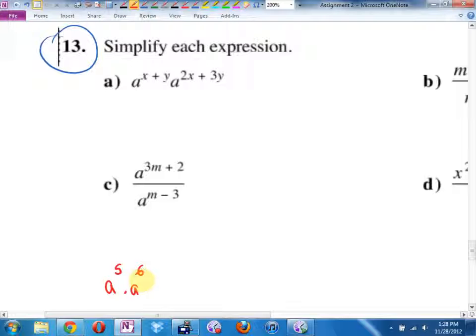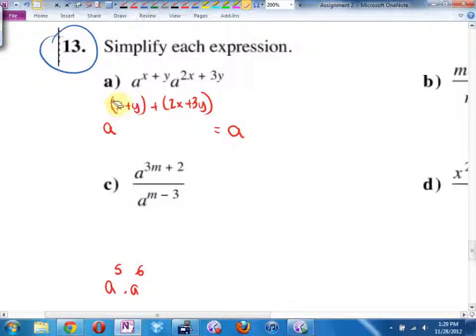A to the 11th. You add them? I think they want us to go a to the x plus y plus 2x plus 3y. That's exactly what they want us to do, which is going to be a to the... is there anything in front of the bracket right there?